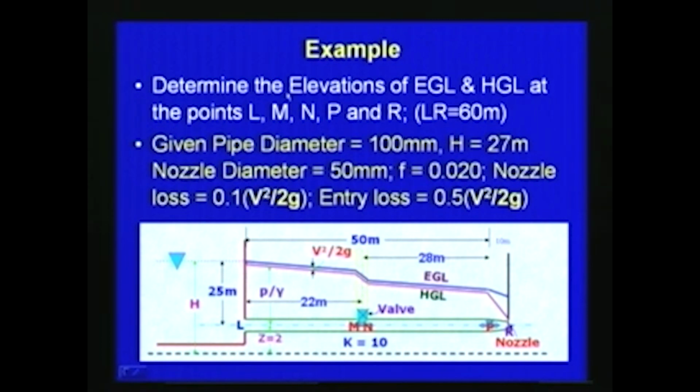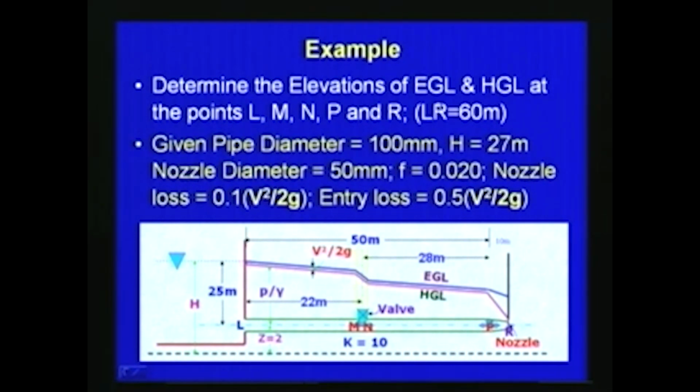Now the question is, determine the elevations of the energy gradient line EGL and hydraulic gradient line HGL at the points L, M, N, P and R. Here the total length from L to R is given as 60 meter.